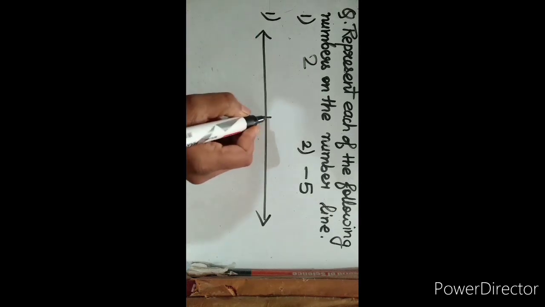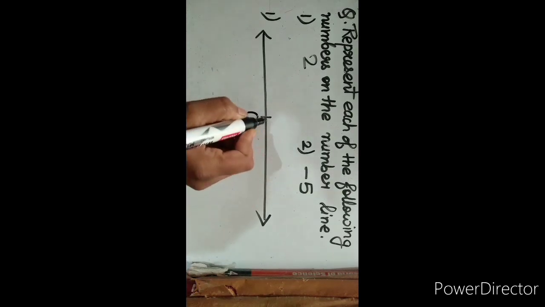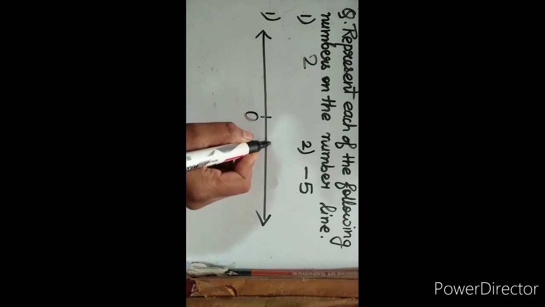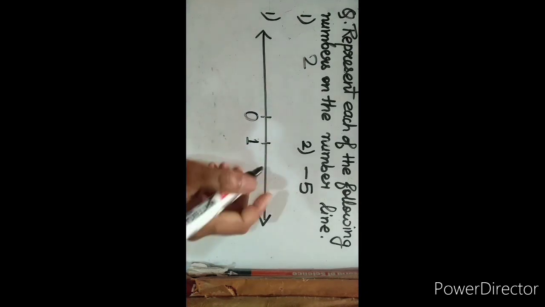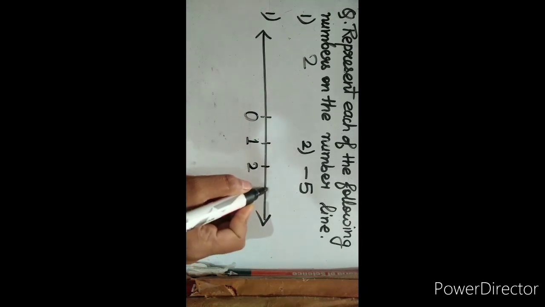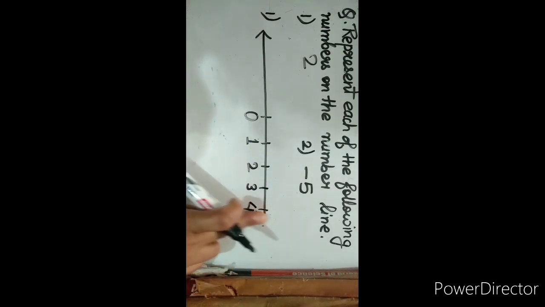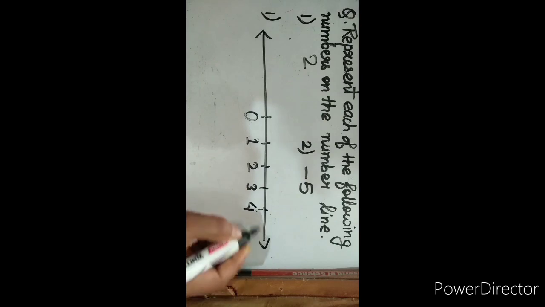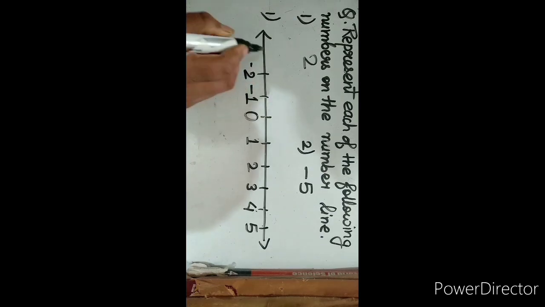Put a dot and mark it as 0. From your ruler, take equal distances of 1 unit and write down 1, 2, 3, 4, 5, -1, -2 and -3.